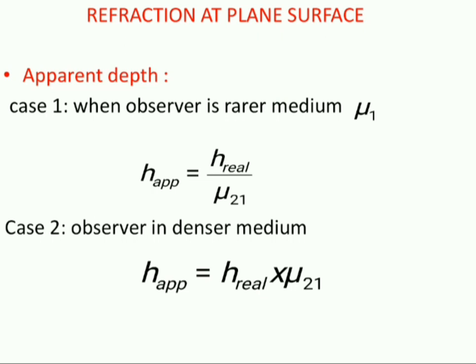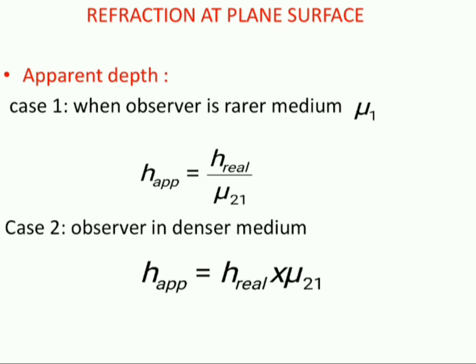Okay, now come to refraction at plane surface. In refraction at plane surfaces, we have studied what is apparent depth of a coin placed inside water. Then what is the height of a bird as seen by the fish and fish as seen by the bird. For all such questions, remember these two formulas.